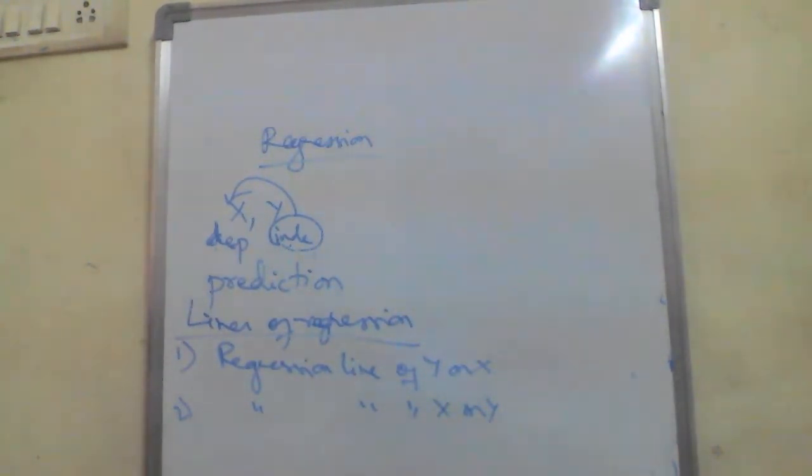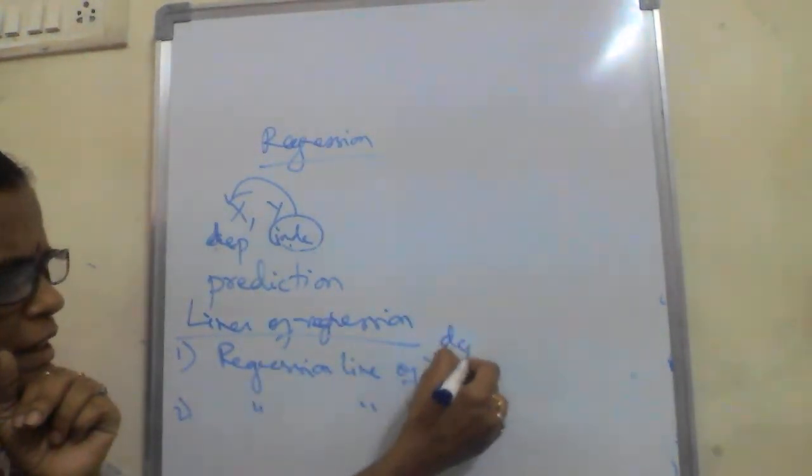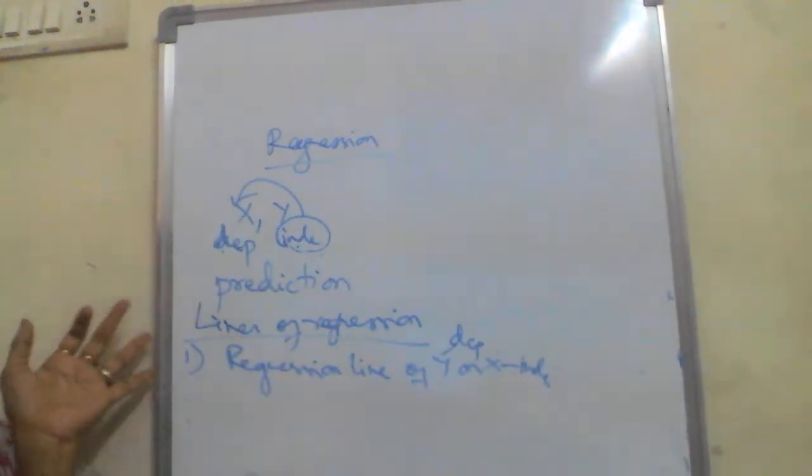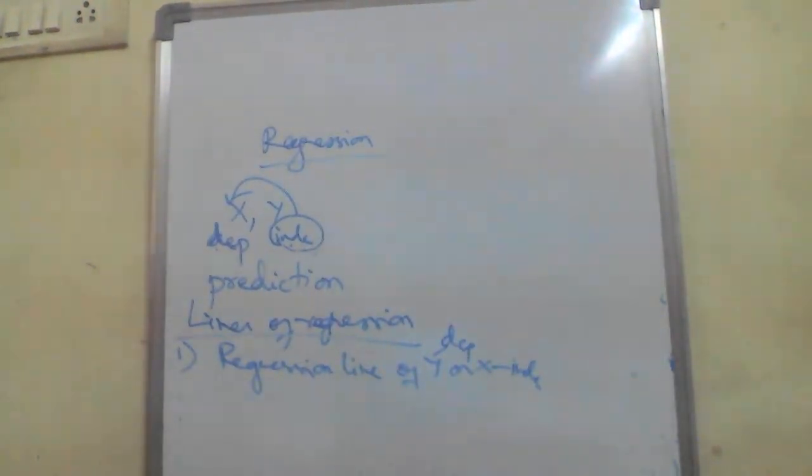These two questions they will be asking. For the regression line of y on x, y is the dependent variable and x is the independent variable.